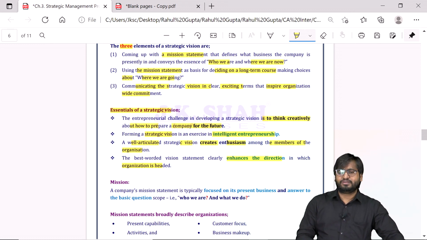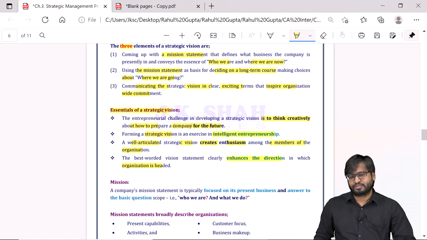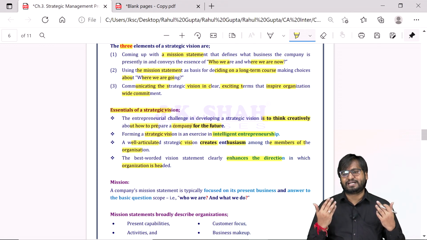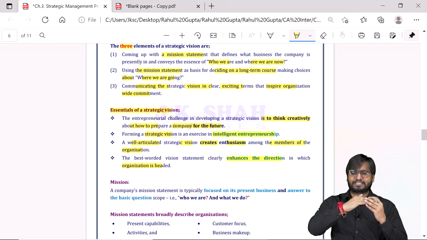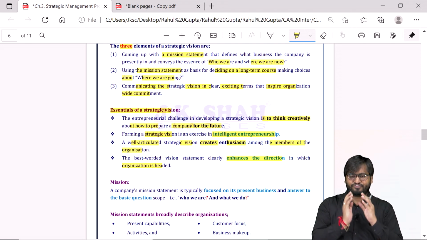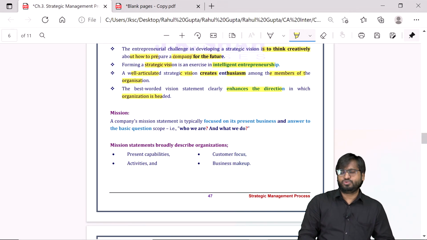So these were the questions that can be asked for vision. Now let's talk about the mission. As I discussed while discussing the elements of strategic intent, we have our philosophical base as intent, purpose. On the basis of our intent, we frame our vision. On the basis of our vision, we will frame our mission. So what do you mean by mission?